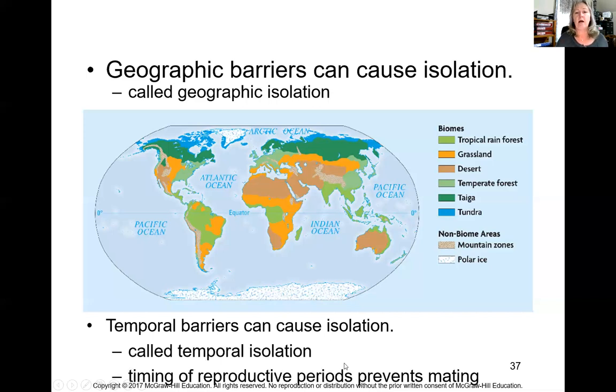And the temperatures can also cause changes in the reproductive cycles. Like animals that live in colder areas may hibernate during the winter.